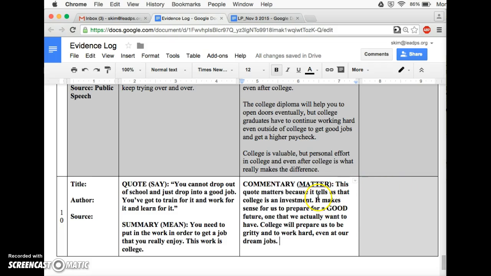This quote matters because it tells us that college is an investment. It makes sense for us to prepare for a good future, one that we actually want to have. College will prepare us to be gritty and to work hard, even at our dream jobs. I'm going to put this information in.